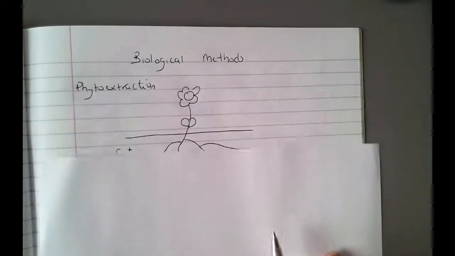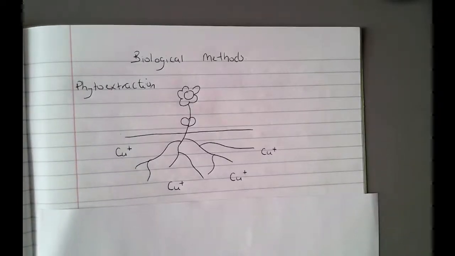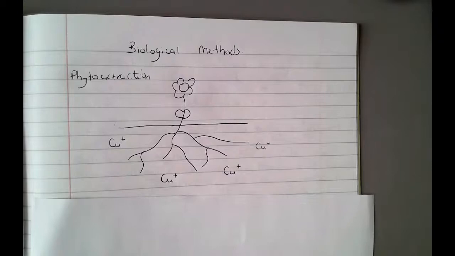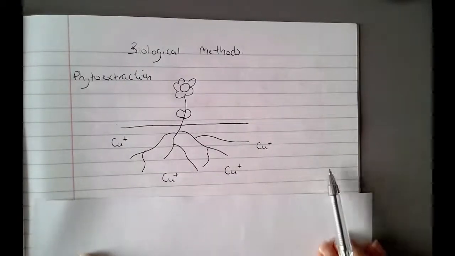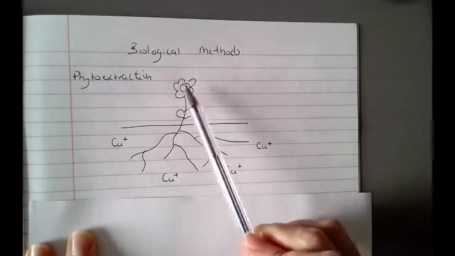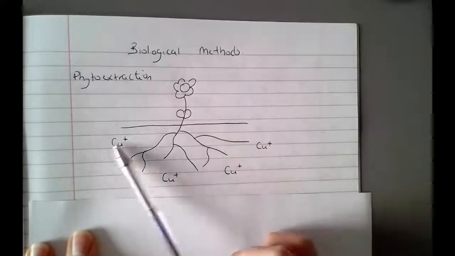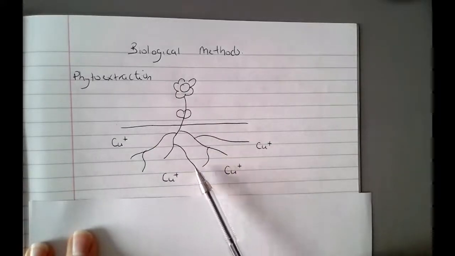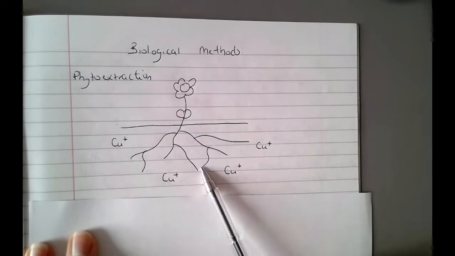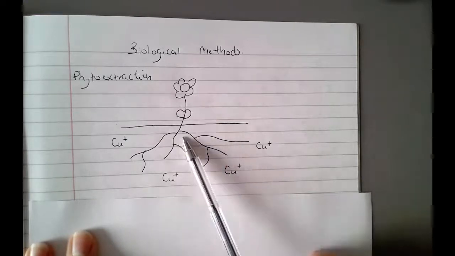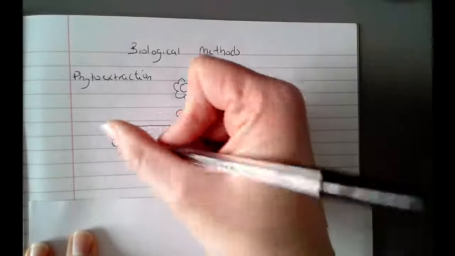Phytoextraction makes use of plants, so it's called a biological method because you're using plants, which are living things, to extract metals. What you do is you plant plants on contaminated soil, so soil that you know contains metal ions. The plants will absorb the metal ions into their roots.